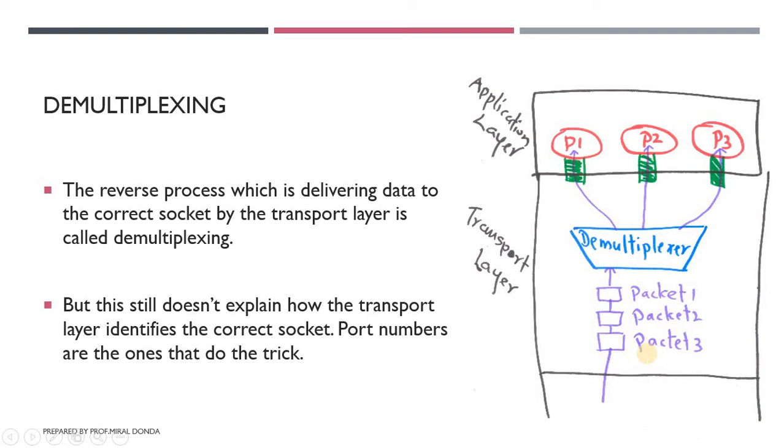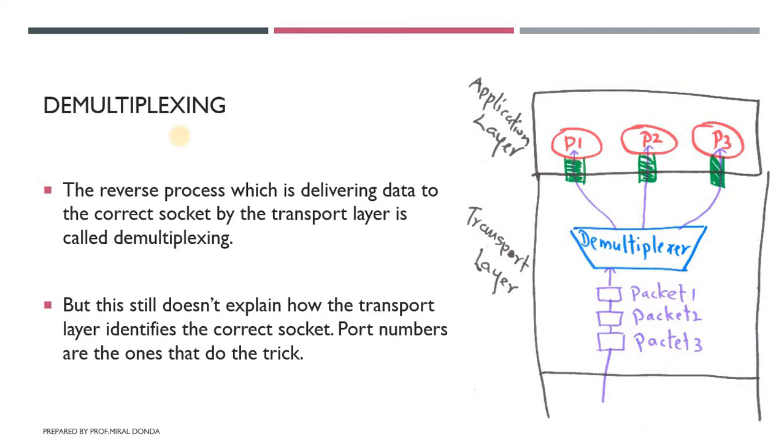Delivering the received segments at the receiver side to the correct application layer process is called demultiplexing. Let's understand the scenario where a data packet is received at the transport layer. Based on the header information attached at the sender side's transport layer, the data packet is delivered to the right process. That work is done by the demultiplexer.